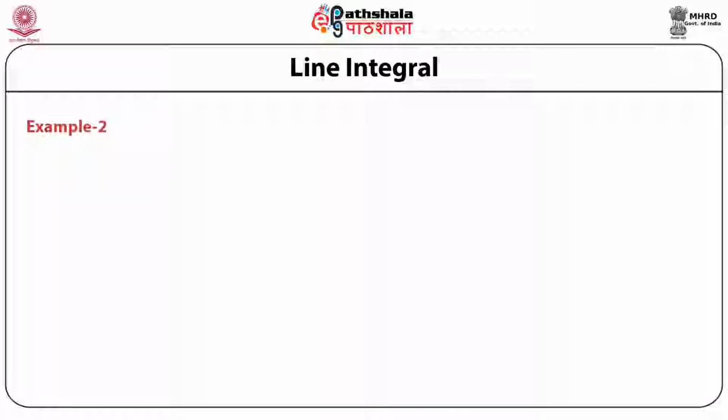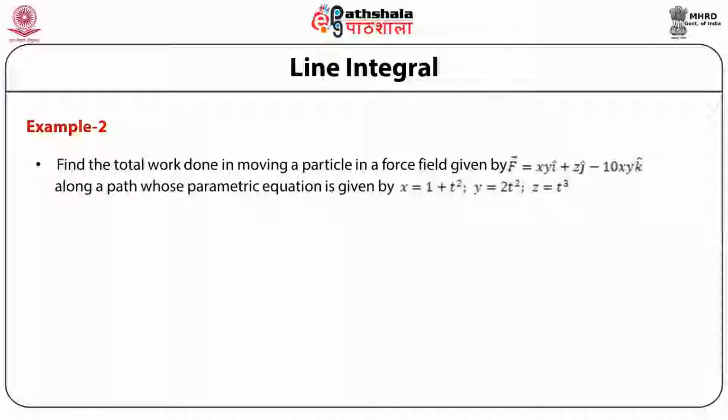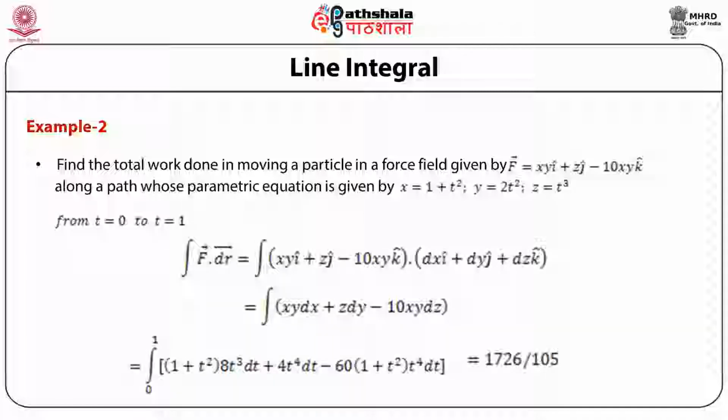Let us see example number 2, where we have to find the total work done in moving a particle in a force field given by F = xy î + z ĵ − 10xy k̂ along a path whose parametric equation is given by x = 1 + t², y = 2t², and z = t³ from t = 0 to t = 1.